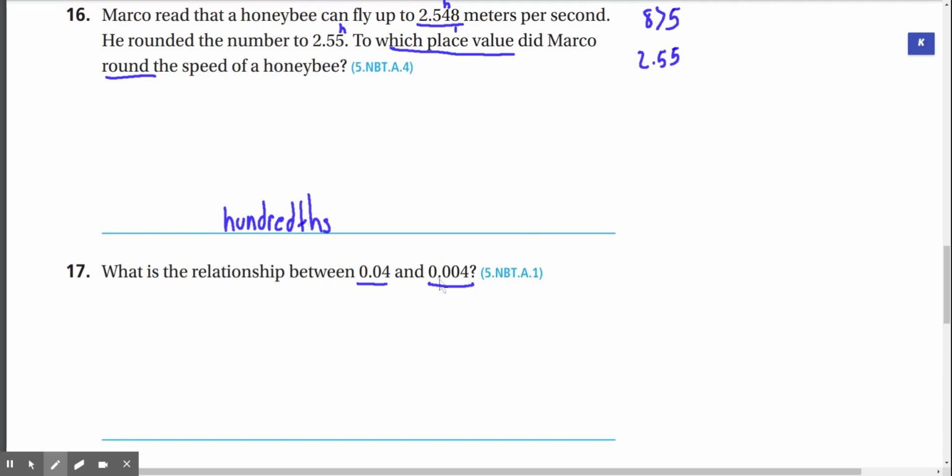Well, we see that the difference between these is that the decimal place is over by 1 on the second number. So 0.004 is 1/10 of 0.04.